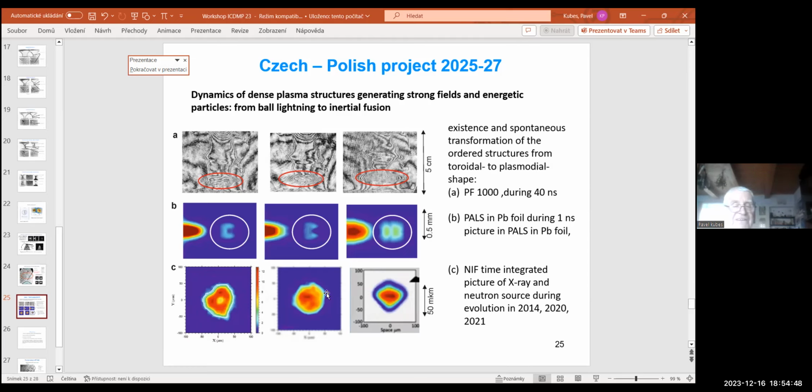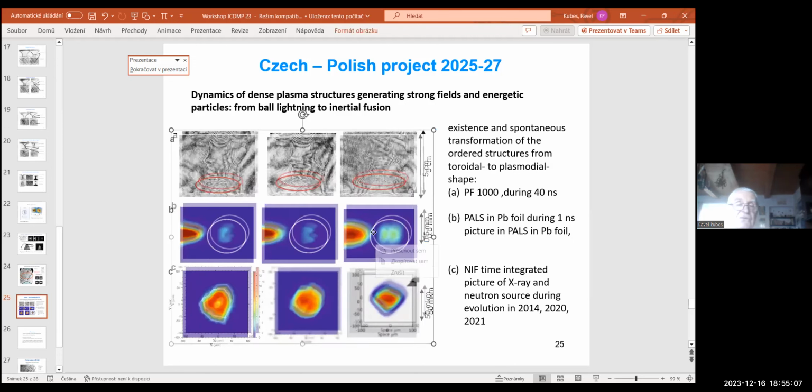In later experiments, at a higher neutron yield, it was spherical structure. And in the last shot, when we observe ignition, when we have very high neutron yield, it is practically a structure similar to plasmoid in high density.